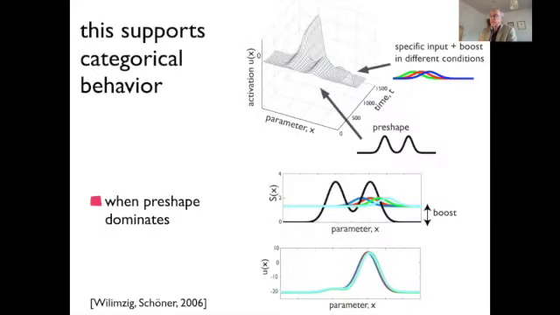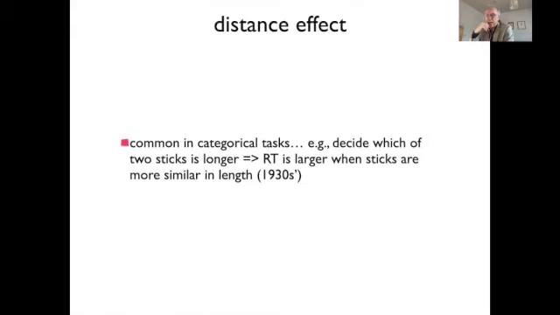The distance effect is well known in the literature from the 1930s on. I believe, I forgot the name of the person who first reported it. A typical task for that would be that you have two objects that differ slightly, and you have to say either if they're the same or they're different, or you might have to pick out one by some criterion.